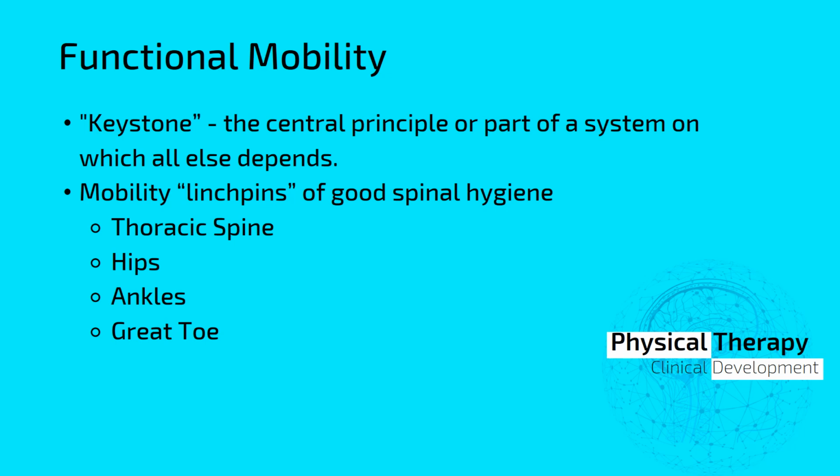More importantly with the great toe is its ability to uptake sensory information and how that can influence glute engagement as well as total body proprioception. So that's why I included the big toe here, but maybe not necessarily key for functional mobility. Probably fall better in my functional exam section, which is next, but I put it in here anyway. So your big three, if you will, for functional mobility screening should be thoracic spine, hips, and the ankles.